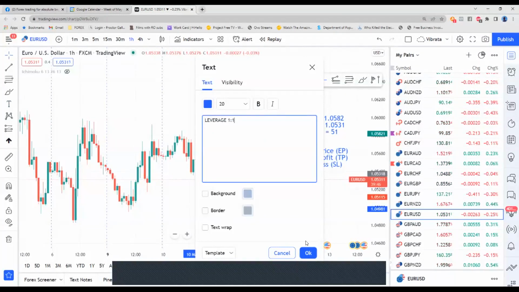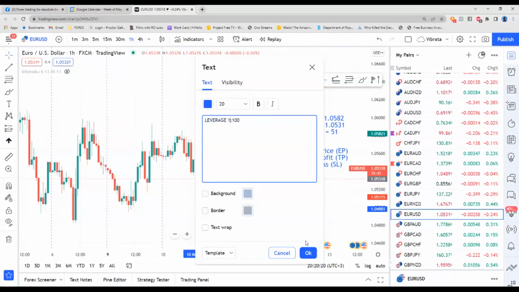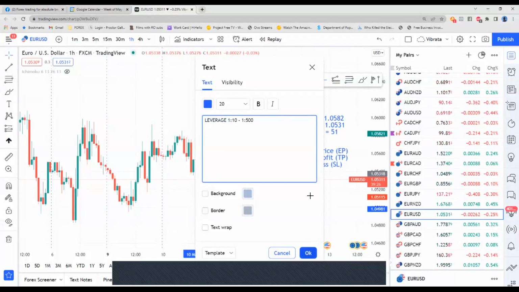So let's imagine, hypothetically speaking, okay, the leverage that a broker provides you with, by the way, will vary depending on the broker. I've seen leverage as low as 1 to 10, and I have seen leverage as high as 1 to 500. What does this mean?